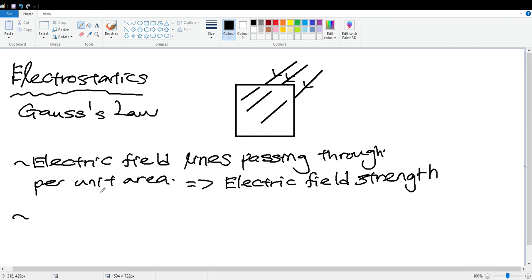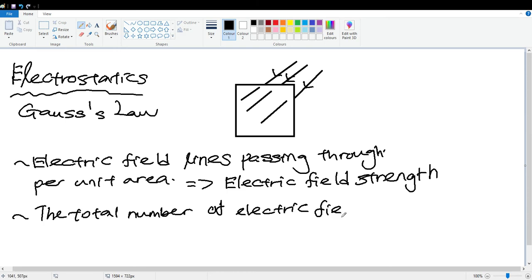From here we have another new thing, which is the total number of electric field lines. The total number of electric field lines passing perpendicular through the surface area.